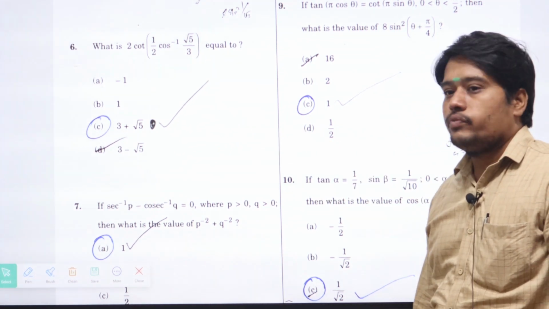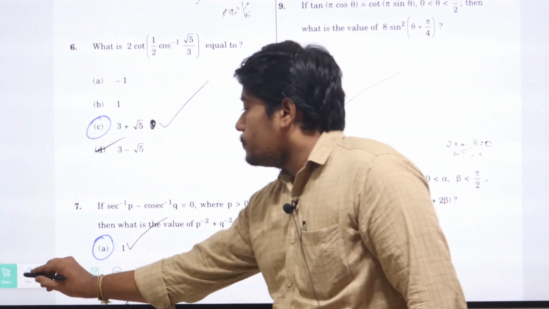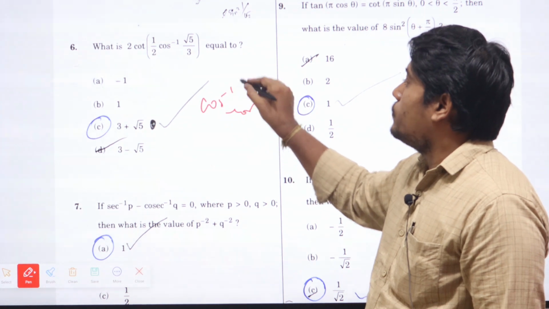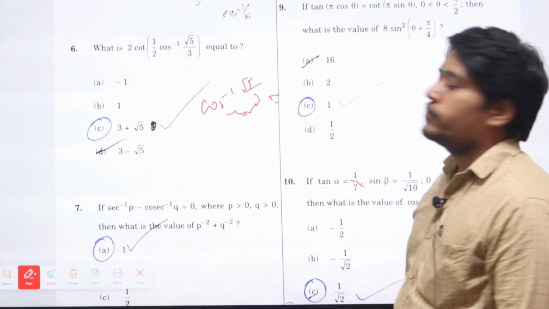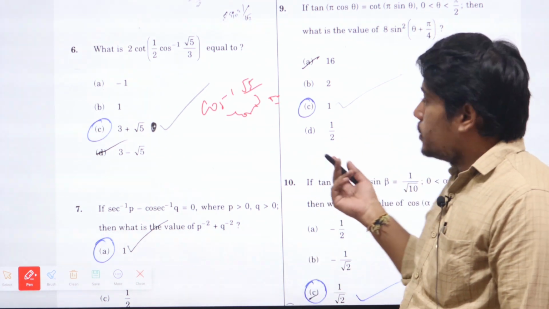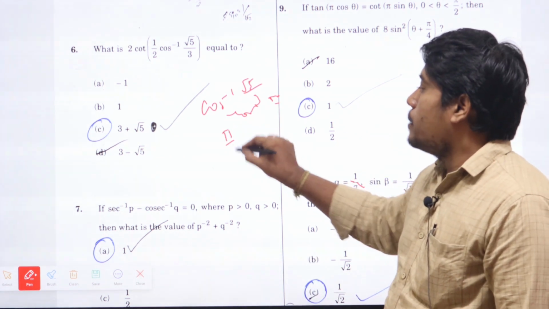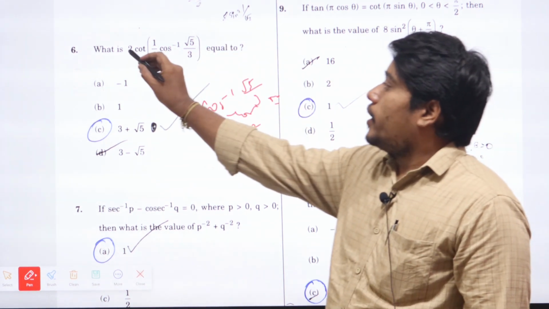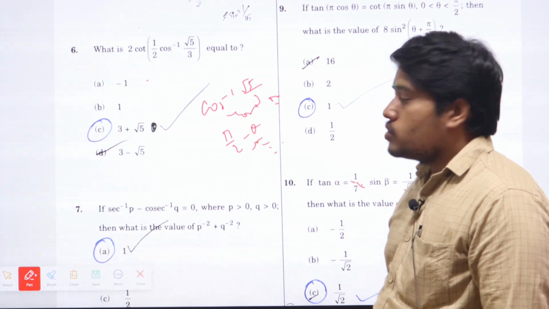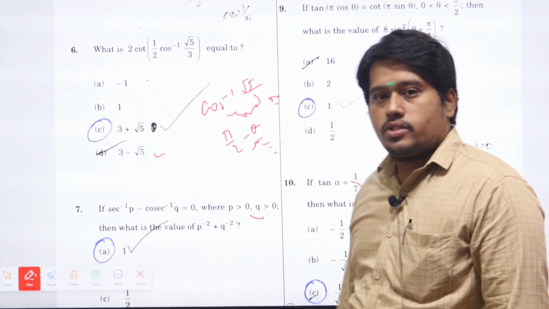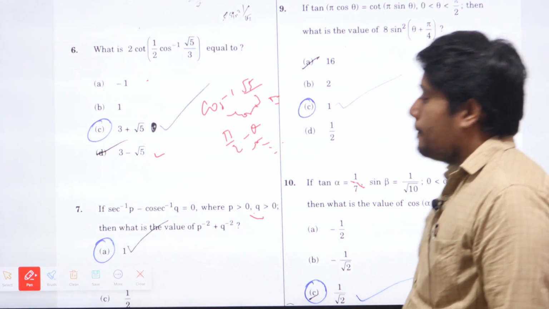First of all, you have to change cos inverse of root 5 divided by 3 in terms of cot using the trigonometric function of pi by 2 minus theta. After that you have to find 2 times of cot. So finally we get the value 3 plus root 5. So option C is the right answer.